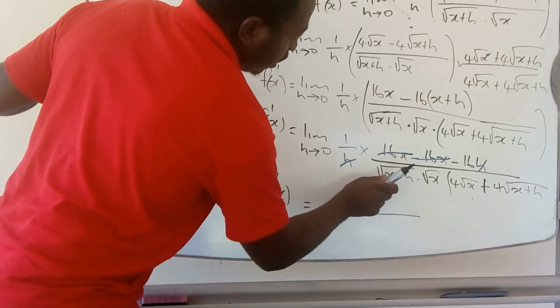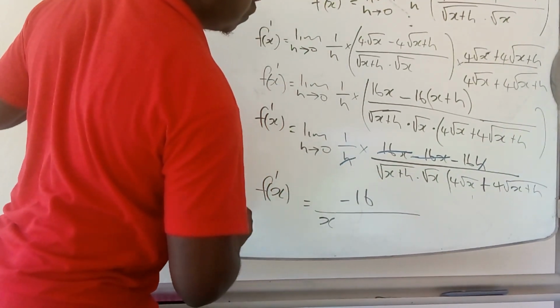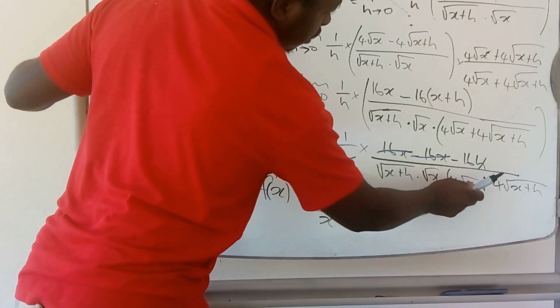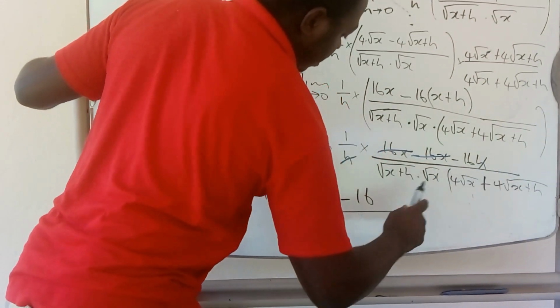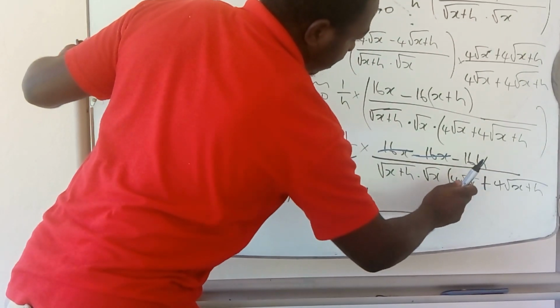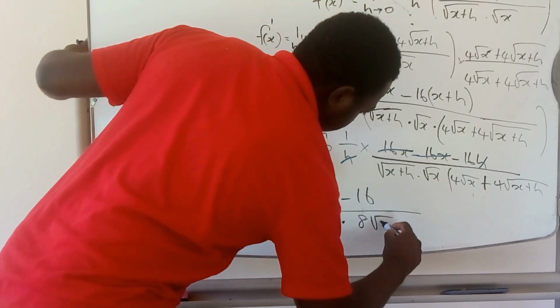So this is root x times root x, that's just x. Here you're going to have 4 root x plus 4 root x. Add 4 plus 4, that's 8, so that's 8 root of x.